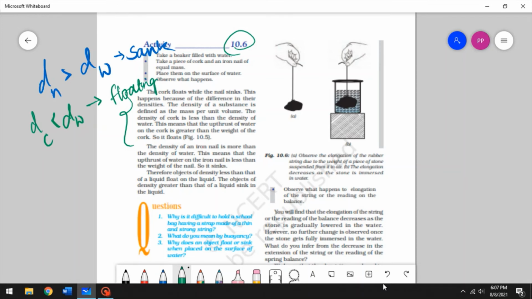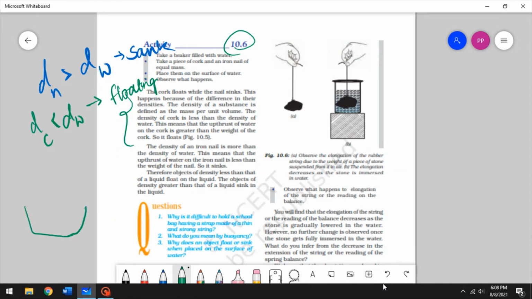Alright, to answer the question that we previously asked, why does an iron ship float on water but an iron sheet sink? Because the density is different. For ships we have hollow space inside, right?